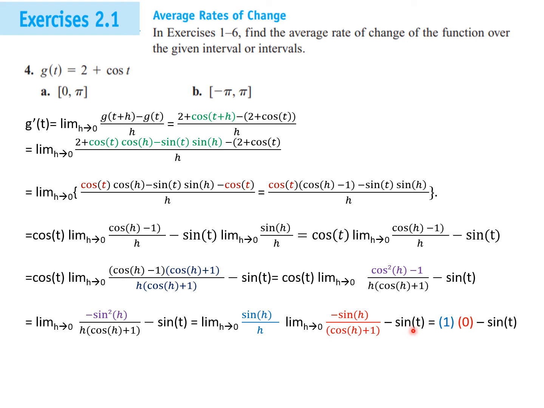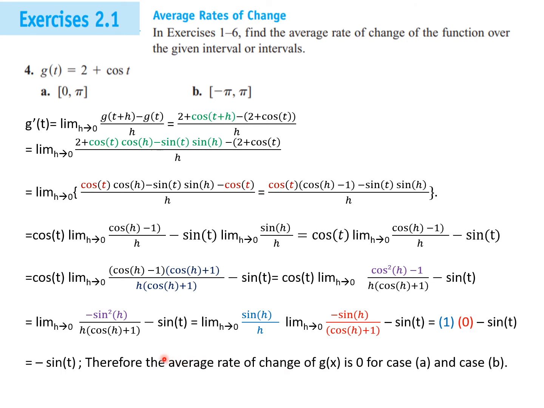Since minus sine t is the only term that's left for us, and we have in colors the values. The value of this term is 1, the value of the red term is 0, and minus sine t remains the same. So in the end we have 0 minus sine t. So the answer is really the limit is equal to minus sine t.